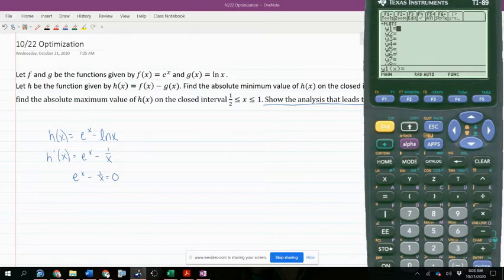And everything I'm going to do inside of y equals. I want to teach you how powerful y equals is. So I'm going to put e to the x inside y1, and then I'm going to put natural log of x inside of y2. And then in y3, I'm going to put h of x, which is e to the x minus natural log.